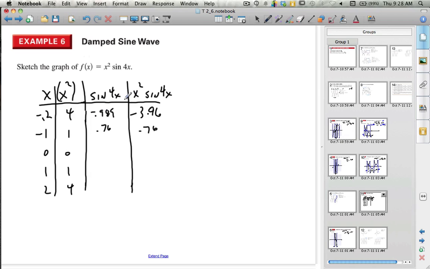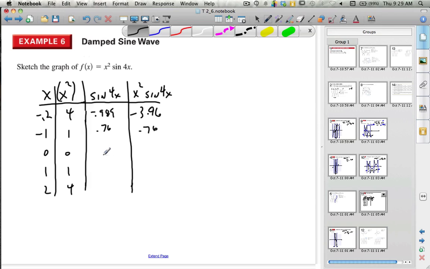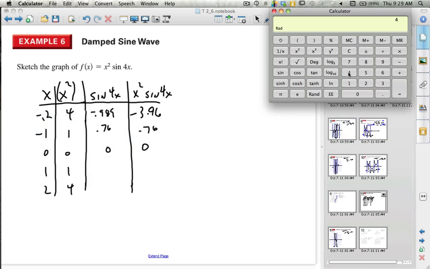And sine of 0 is 0. So here we're going to have zeros all across. And now over here we want the sine of 4, -0.757, and I'm going to multiply that times 1, so -0.76.